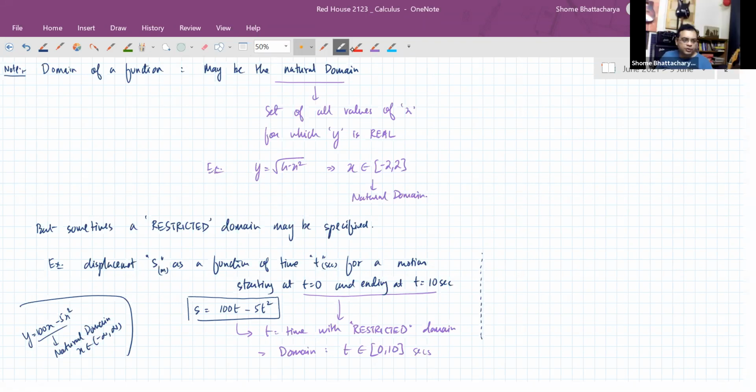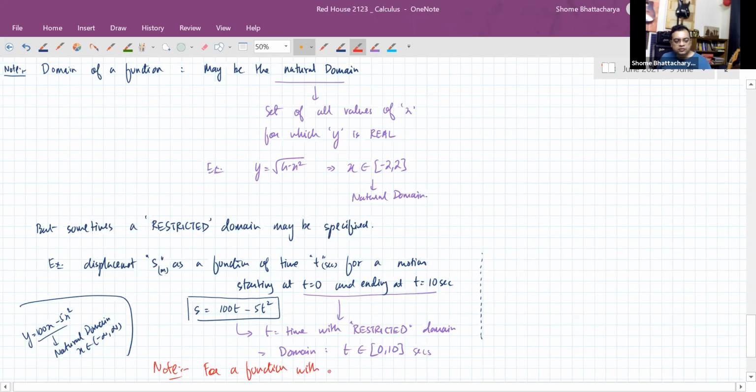Okay, so now the final important point you add over here, that when the domain is restricted, then the range also becomes restricted according to that. So for a function with a restricted domain, the range becomes restricted.